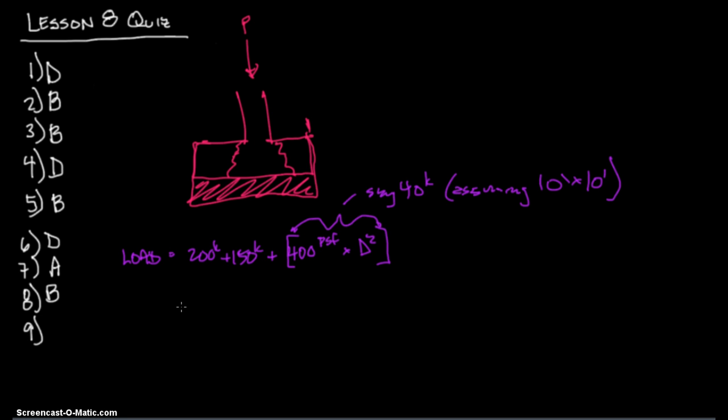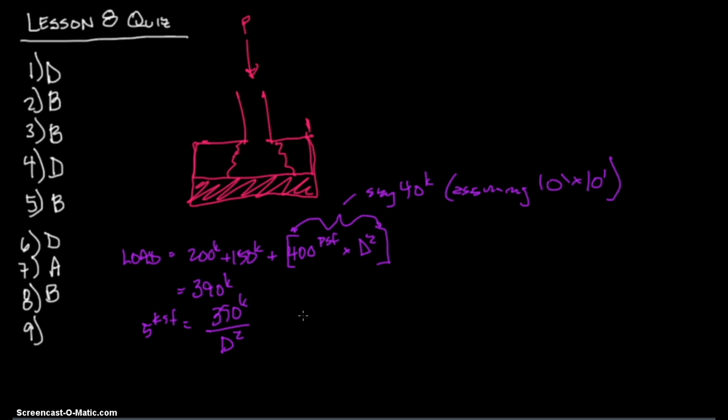All right, so 40, 250 plus, that's 390. Well, let's work with that. And our allowable was 5 KSF equals P equals 390 kips over A, which is going to be D squared.